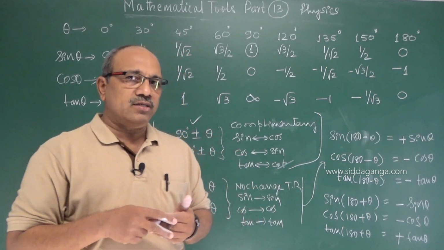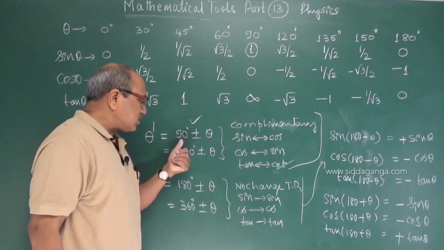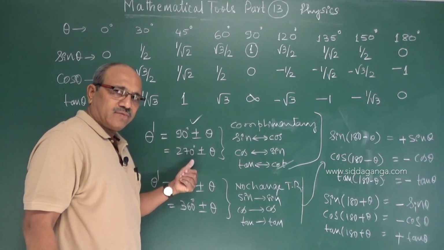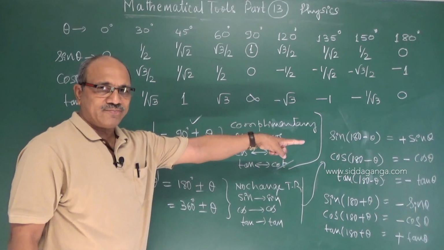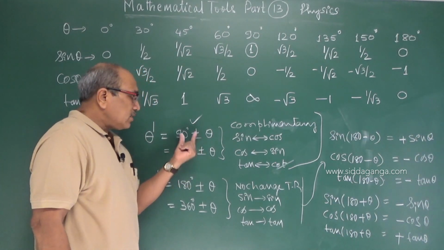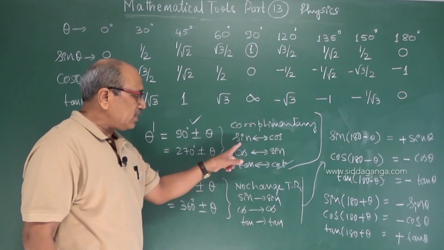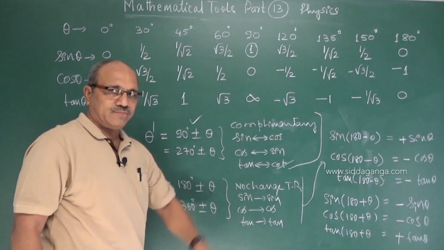Keeping this in mind, when the angle comes, first you understand which quadrant it belongs to, whether first, second or third. That will make you assign the sign only, positive or negative. And if the condition is the complementary one, then the complementary trigonometric ratio arises. Sine converts to cos, cos converts to sine, tan converts to cot, or reverse also.